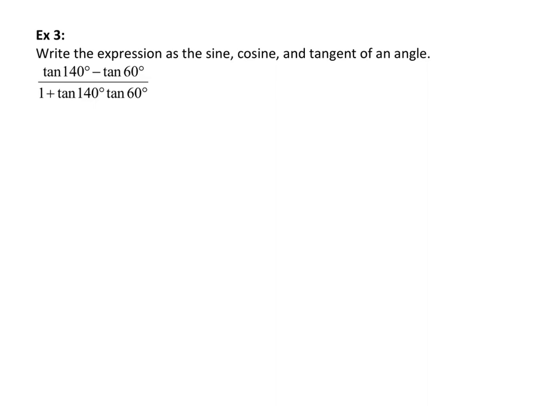All right, so for example 3, write the expression as a sine, cosine, and tangent of an angle. Okay, now looking at this craziness here, let's get familiar with your sum and difference formulas once again. Let's look at the sum and difference formulas for tangent. And you'll notice that it has this exact structure. Okay, so looking at your formula, your theta would be 140 degrees, and your beta would be 60 degrees.